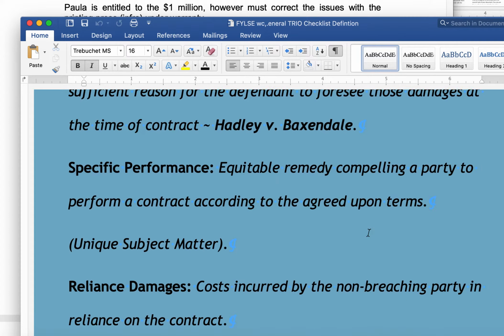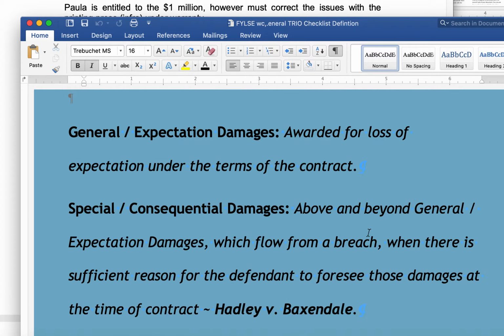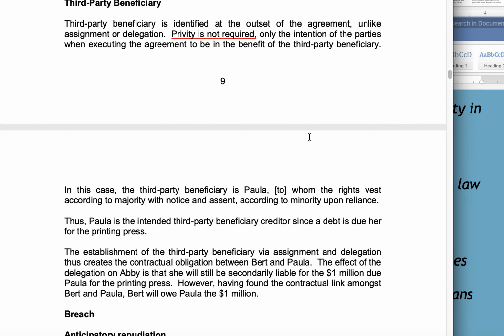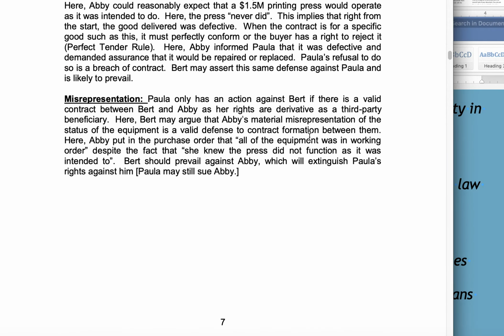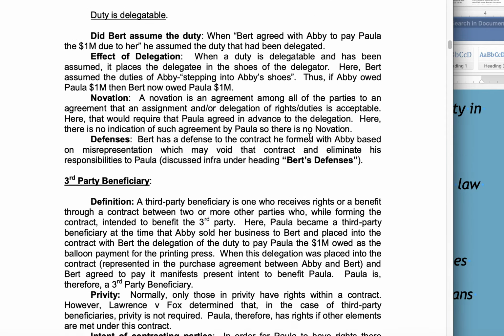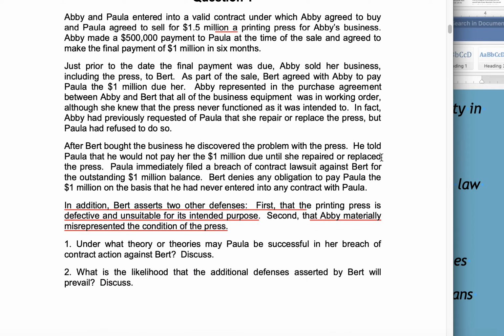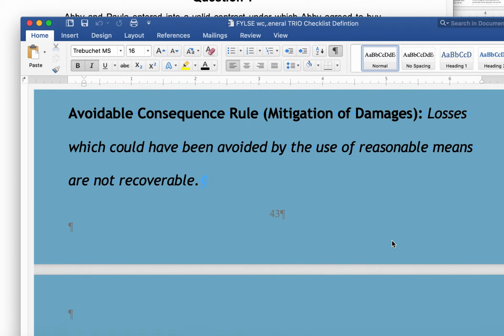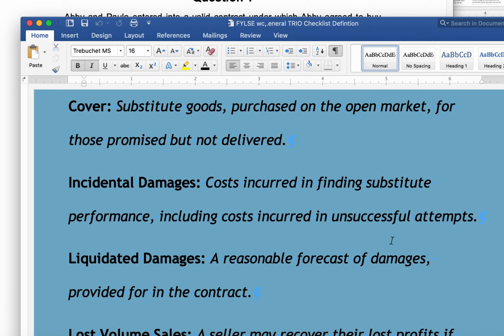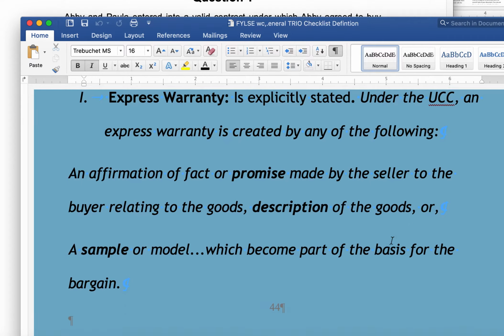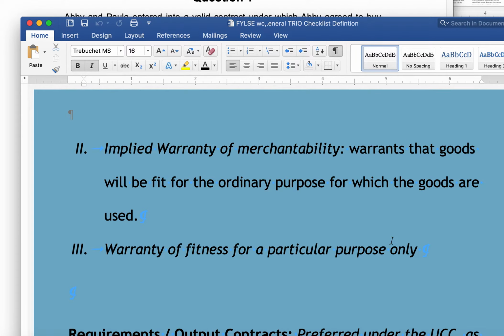We can go look at it again. It's going to say that she sold her business and everything to him. There was no privity, okay? Basically, there would be privity if there was novation. But she put in Lawrence versus Fox, like she understood privity, or he.